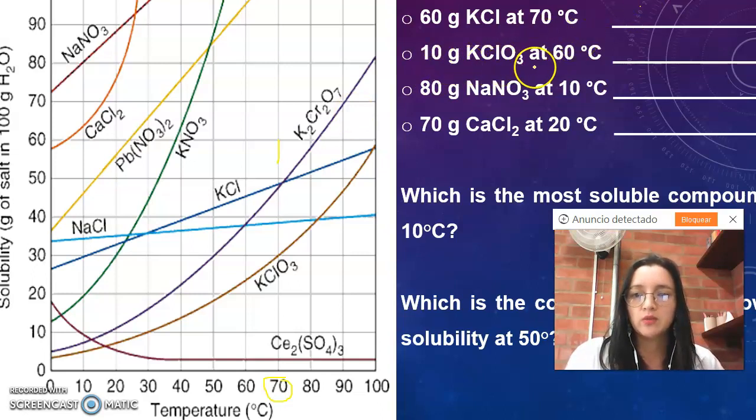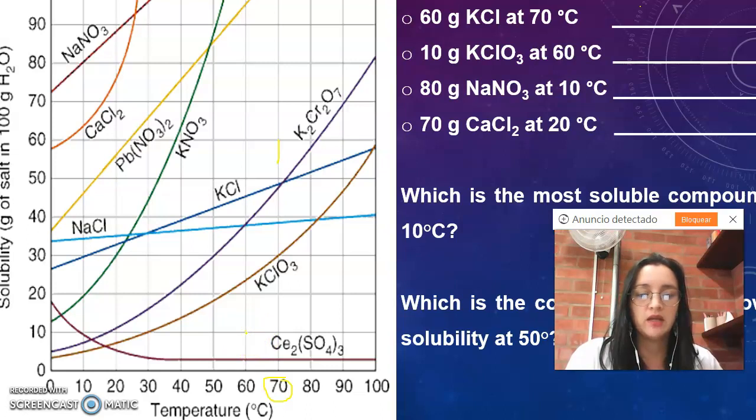If we go to the next one, exactly the same thing. We find the line. In this case it is potassium chlorate, KClO3, right here. We look for the temperature, 60 degrees, right here. We look for the grams, 10 grams. So this is the reference point that the exercise is telling me.